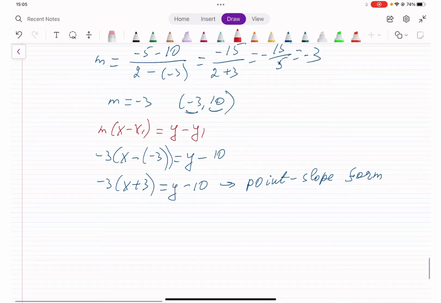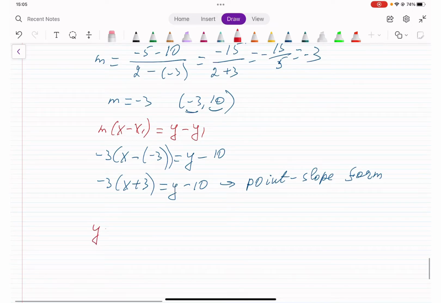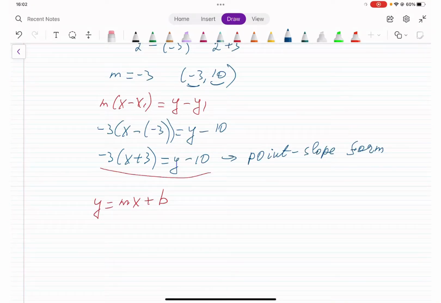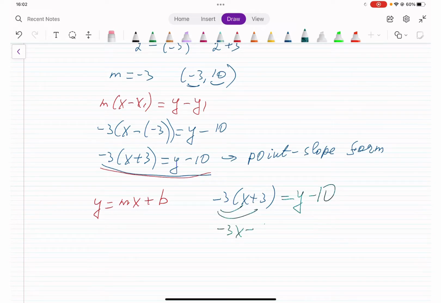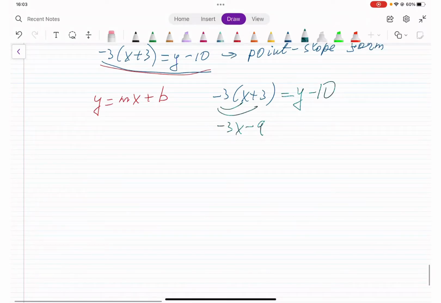For slope intercept, we are using the form y is equal to mx plus b, and from this form I'm going to use -3 times x plus 3 equals y minus 10. So let's multiply: -3x minus 9 equals y minus 10.